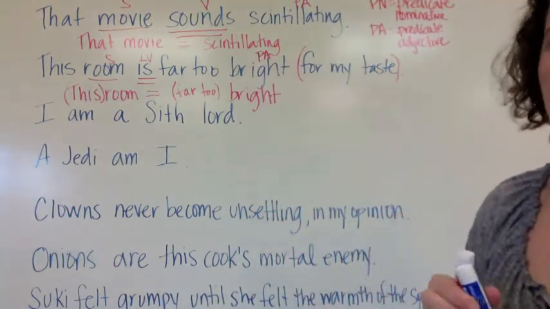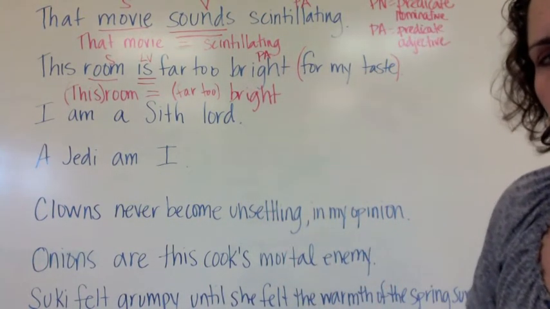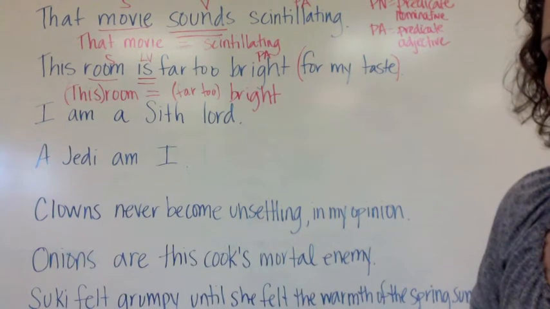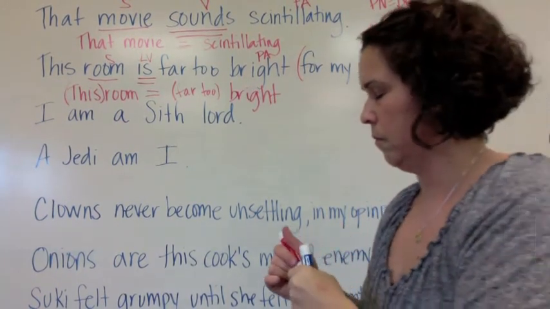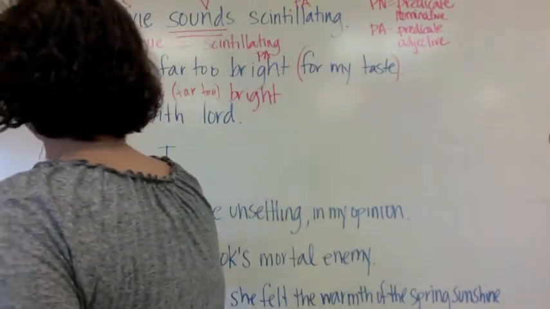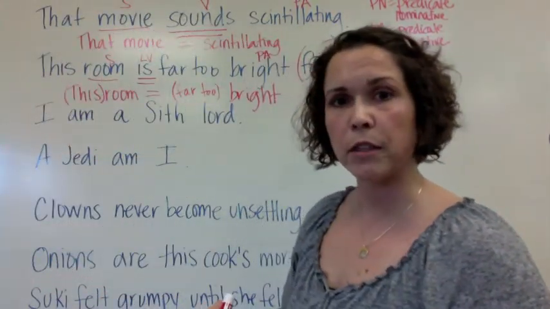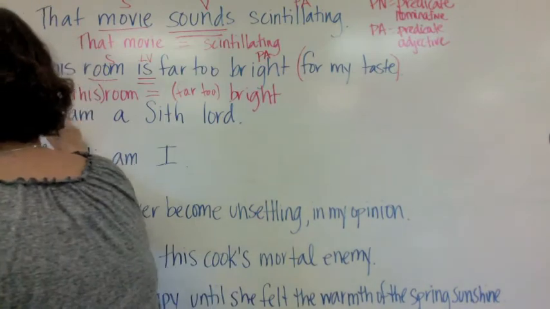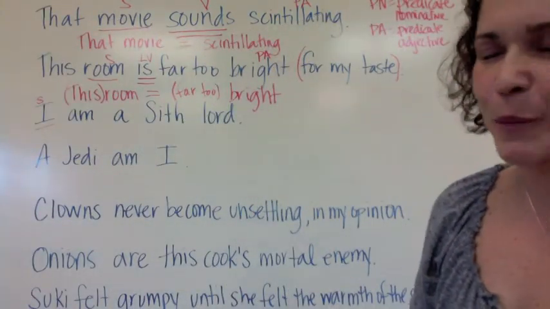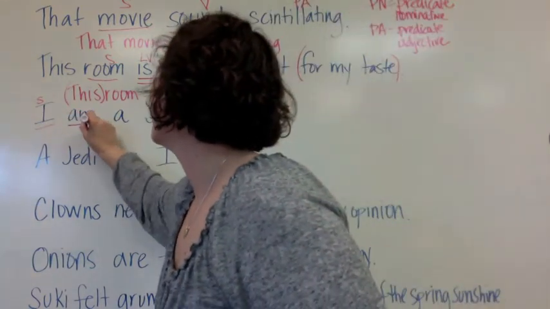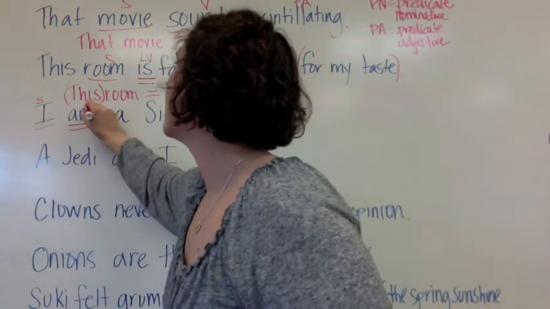Okay, so let's look again. We have some Star Wars sentences. I am a Sith Lord. What's the subject? What is the subject? It's I. Okay, so now, what's the verb? Am.